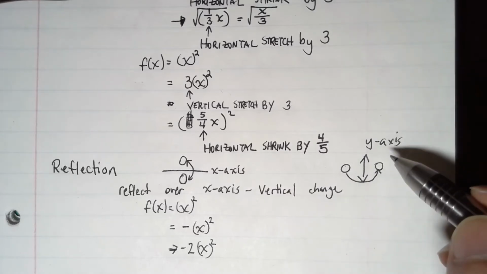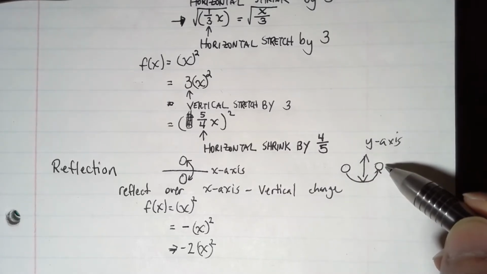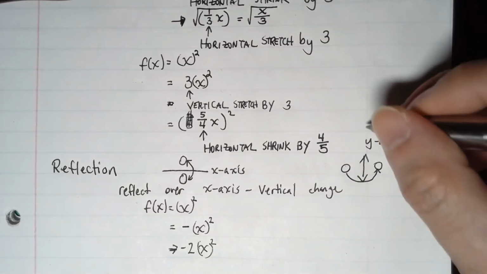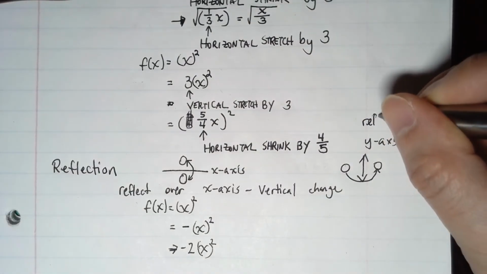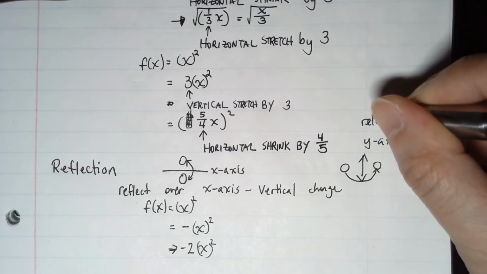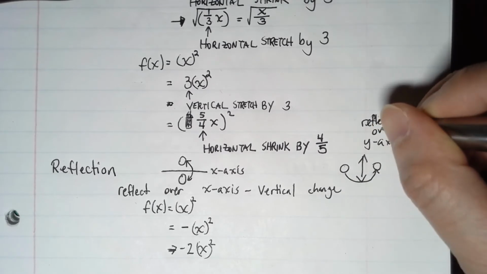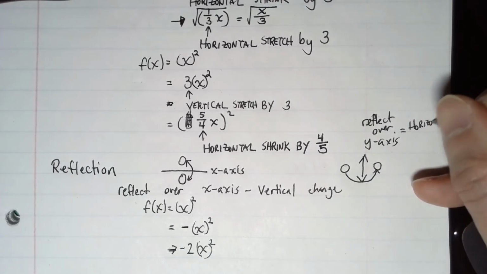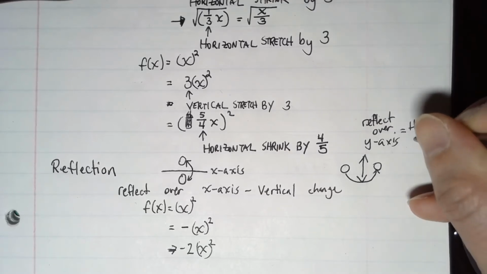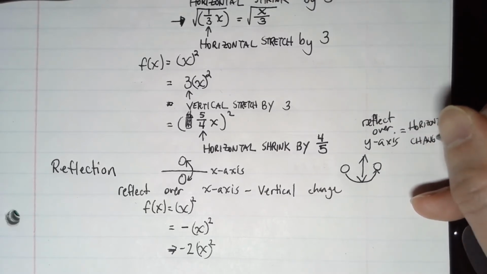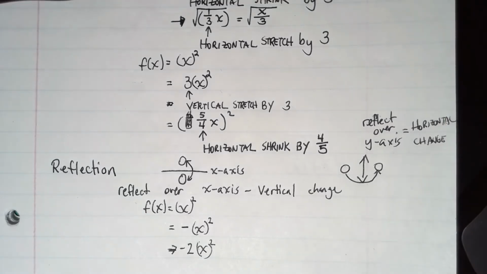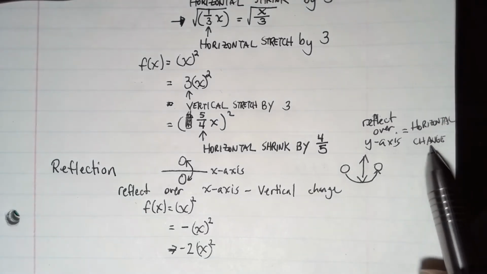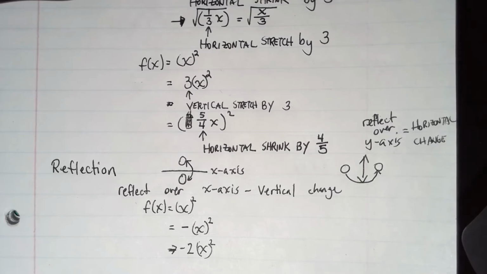So when you reflect over the y-axis, it's horizontal. And by now you hopefully understand a horizontal change means something is changing inside the parentheses.